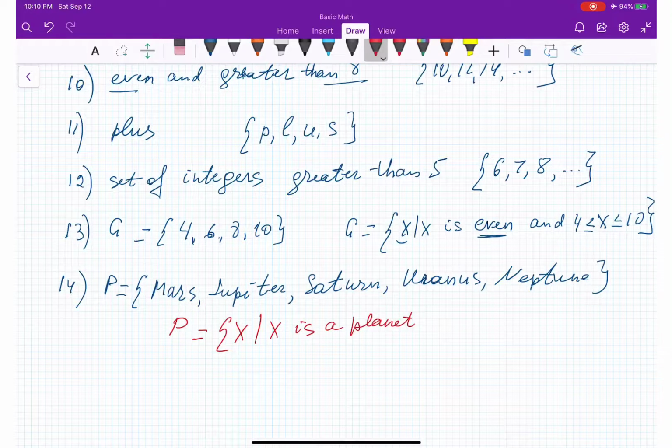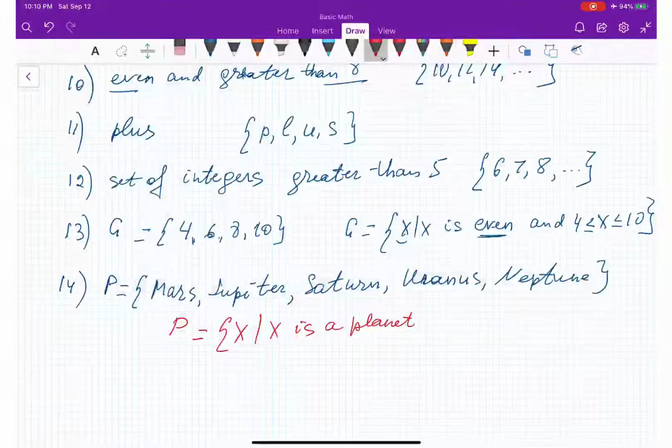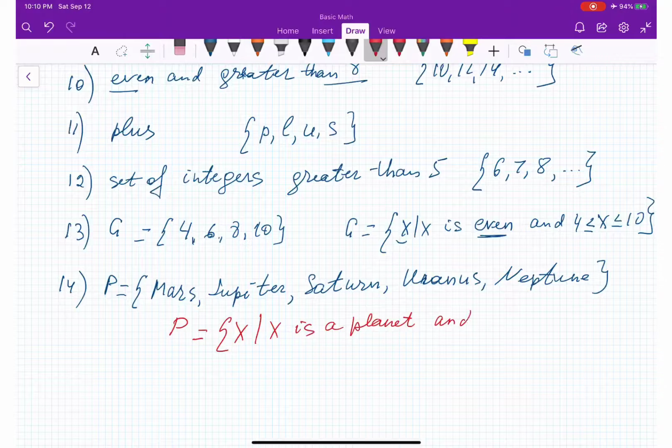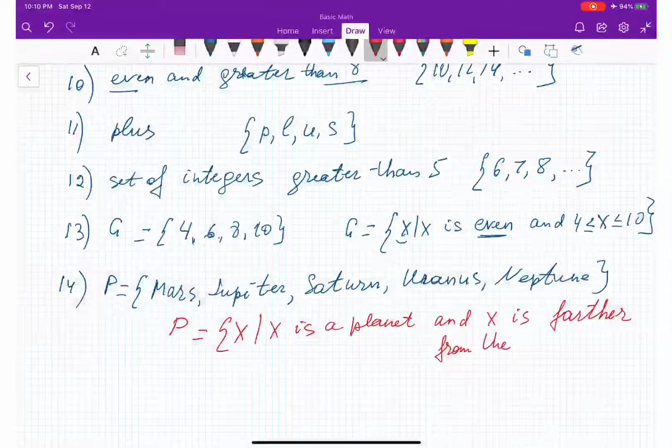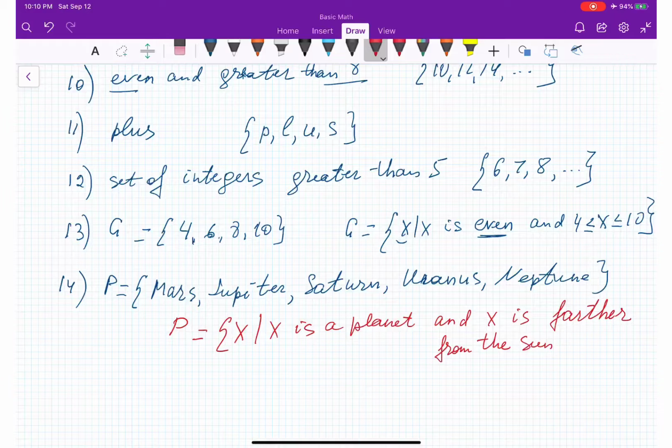Okay. And X is farther from the sun than Earth.